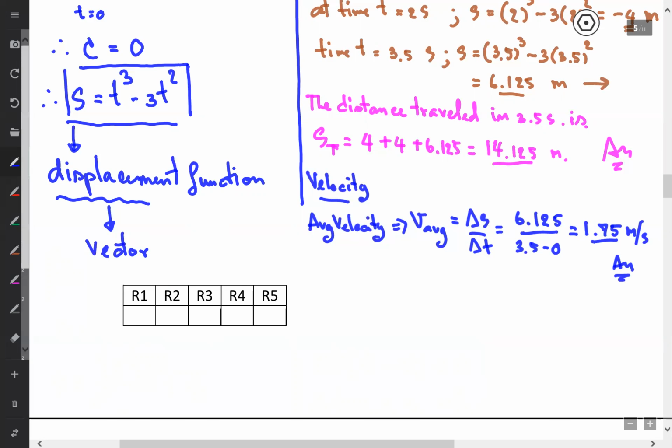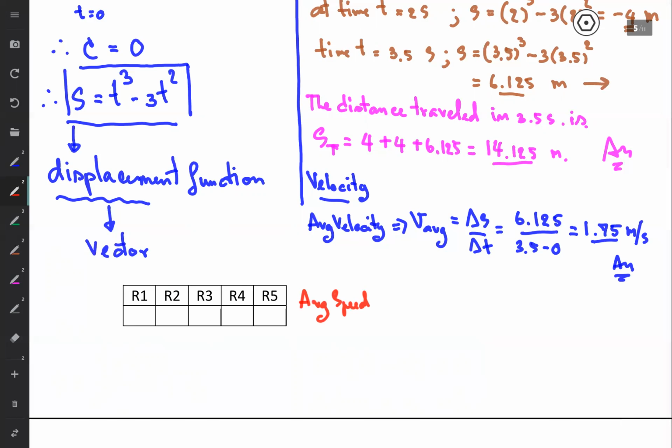But if we are finding the average speed, the average speed is determined by using the distance.